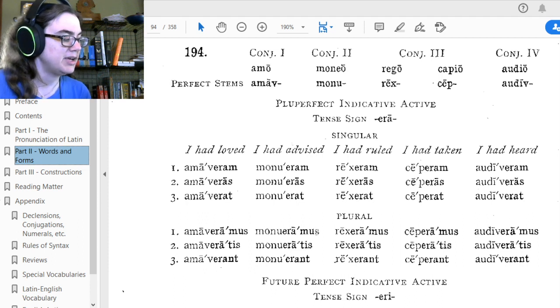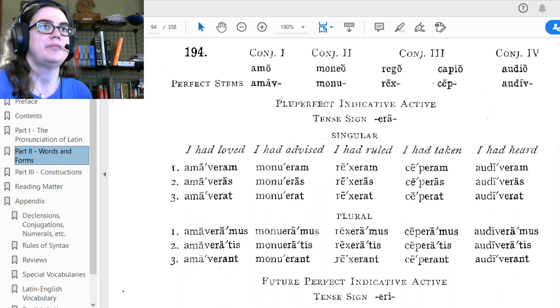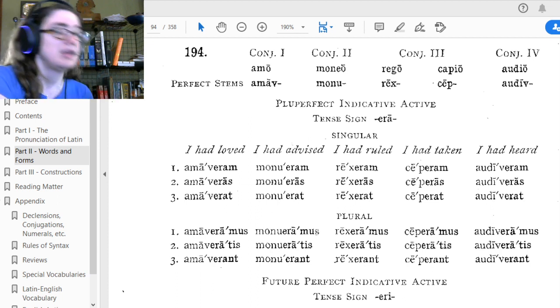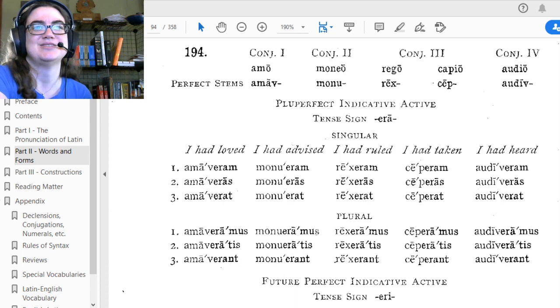So when you're speaking in the past and you want to talk further past, you get that perfect stem, the third principal part without the I, and then you add essentially the imperfect of to be.